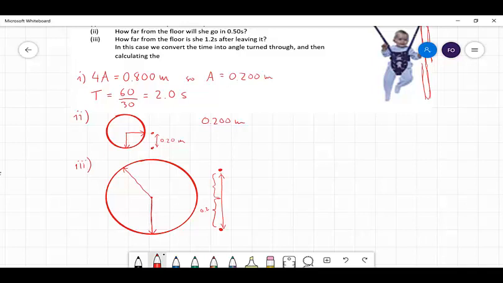So to do that, we'll draw a little dotted line here going vertically upwards, and then another dotted line here, and the distance that we're interested in finding is this one. And we know that this whole thing here took 1 second, so here is 0.2 seconds worth of spinning.